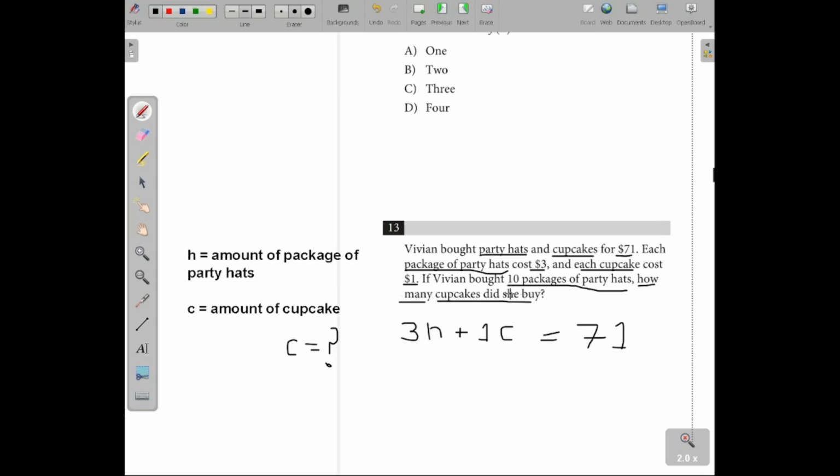We know that the amount of packages of party hats is 10, so we replace that: 3 times 10 plus 1 times C, and this is equal to 71. 3 times 10 is 30, plus C equals 71.